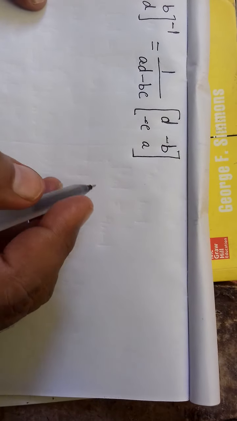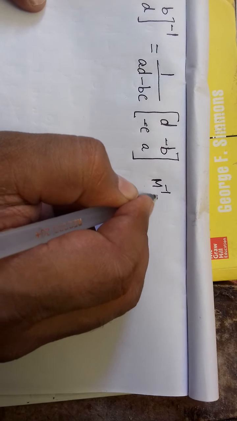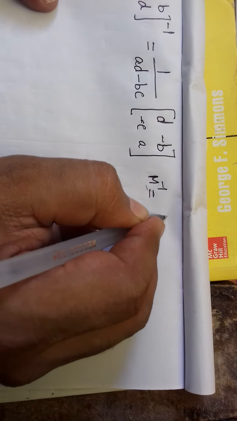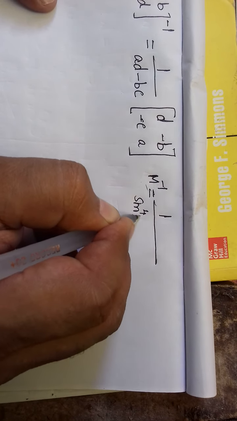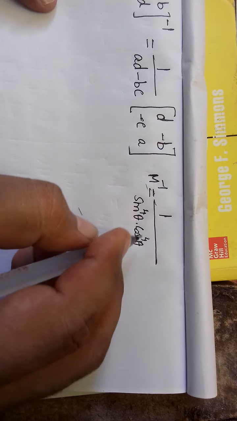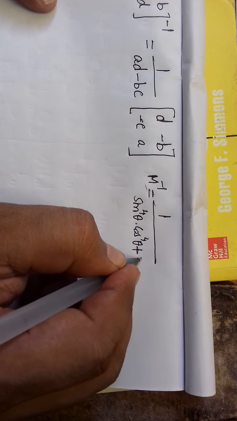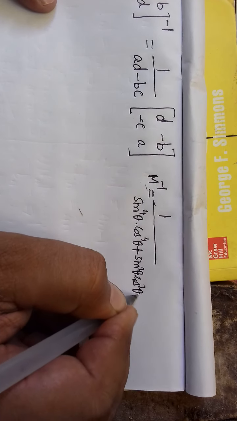If one uses this formula, he gets M inverse equals 1 by sine to the power 4 theta cos to the power 4 theta plus sine square theta cos square theta plus 2.